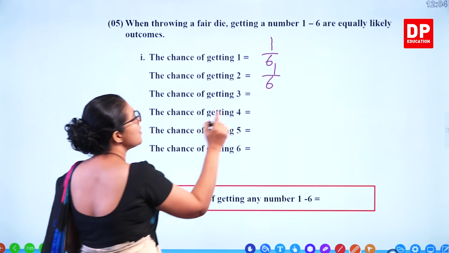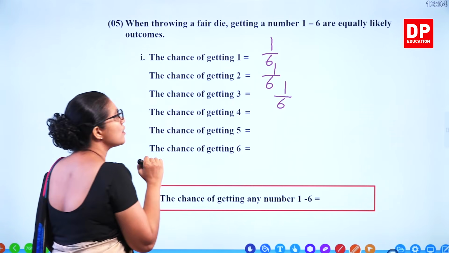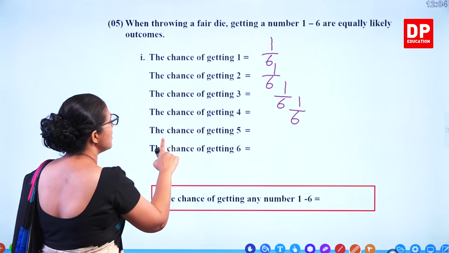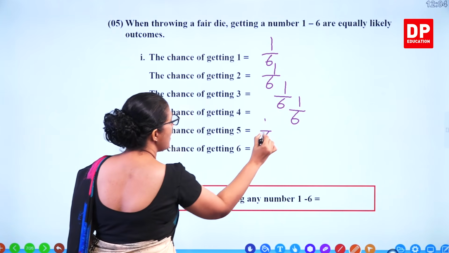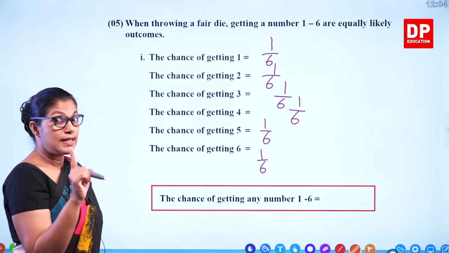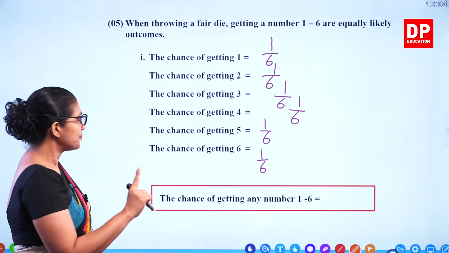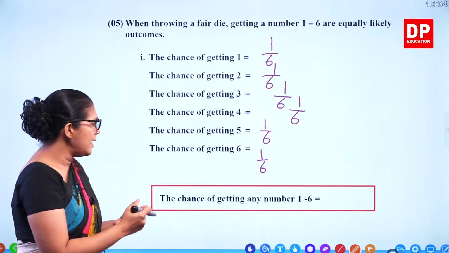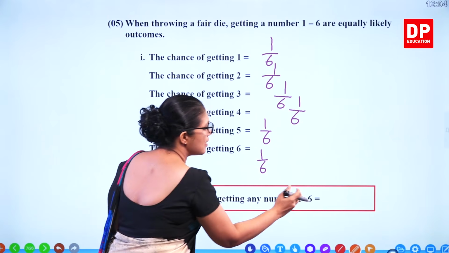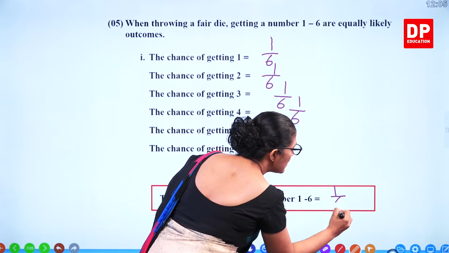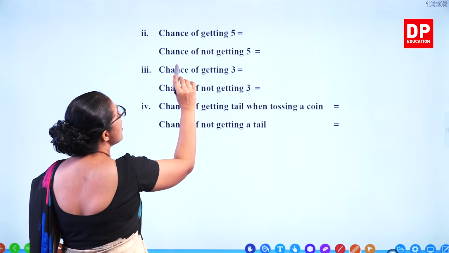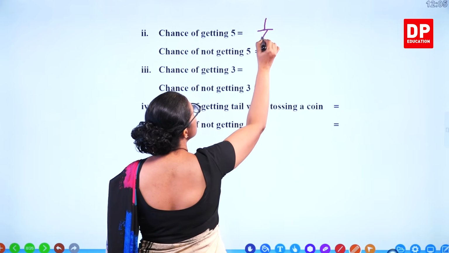Getting 3, 4, 5 is the same, and the chance of getting 6 is also 1 over 6. So if it's a fair die, the chance of getting any number from 1 to 6 is 1 over 6. The chance of getting 5 is 1 out of 6.